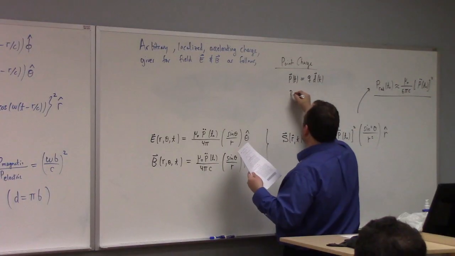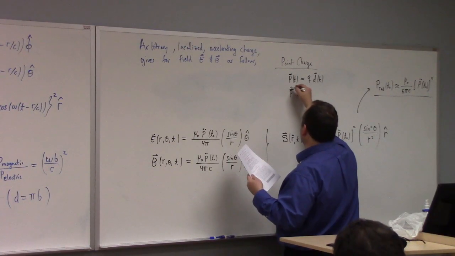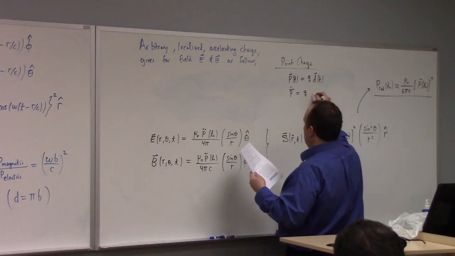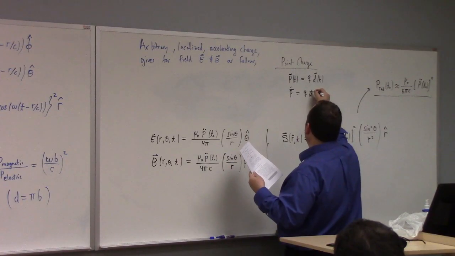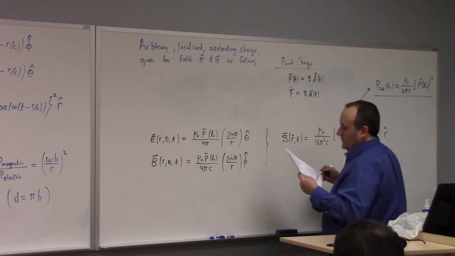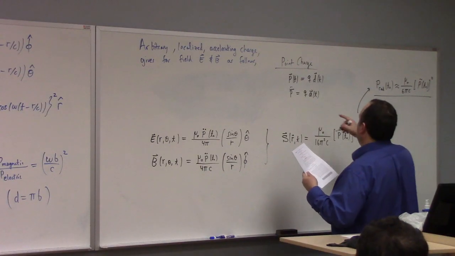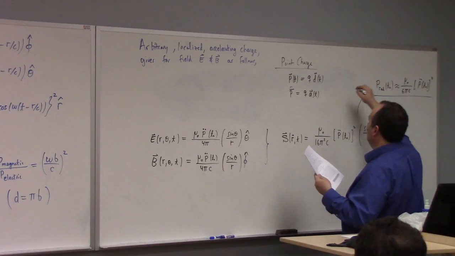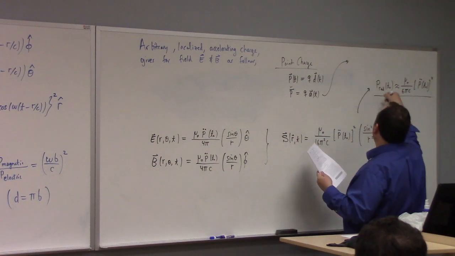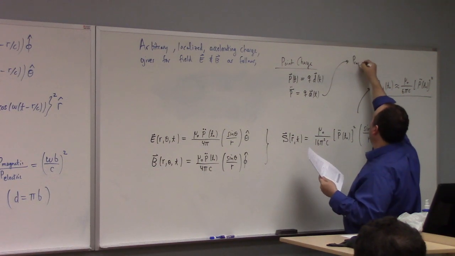Then p vector double dot is just what? q times the acceleration of the charge, right? And what happens to this formula? We get P radiated as what?